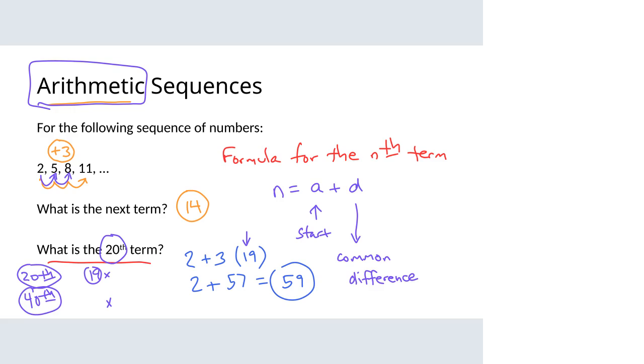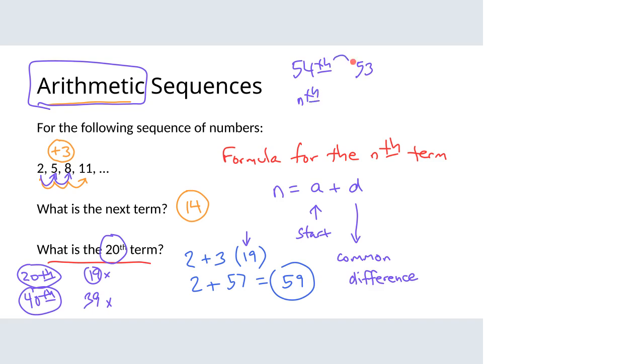If I want the 40th term, how many differences do I need? 39. That's right. And what if I wanted the 54th term? How many common differences would I need? 53. Excellent.